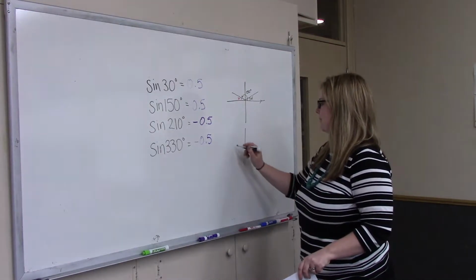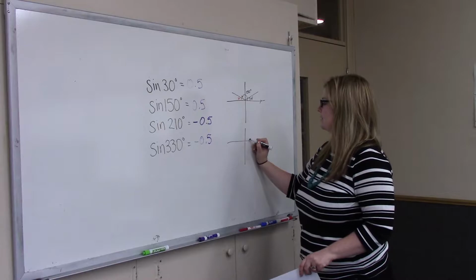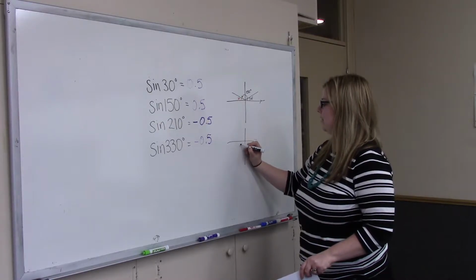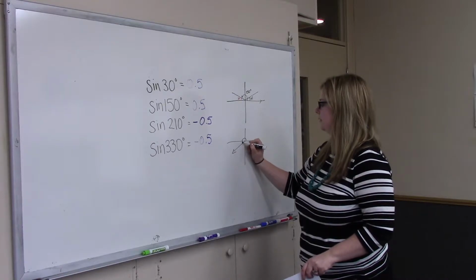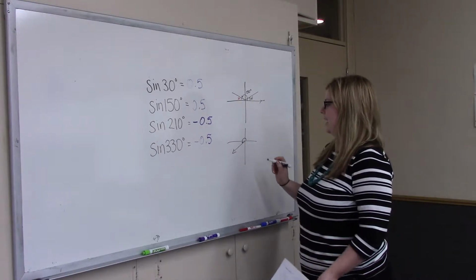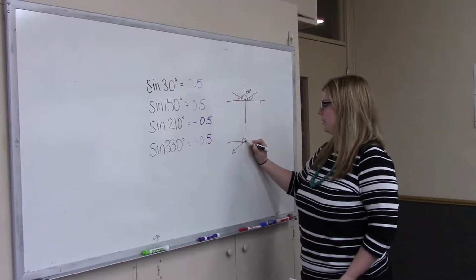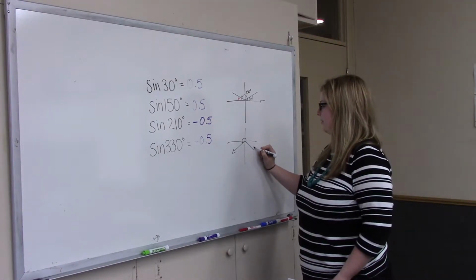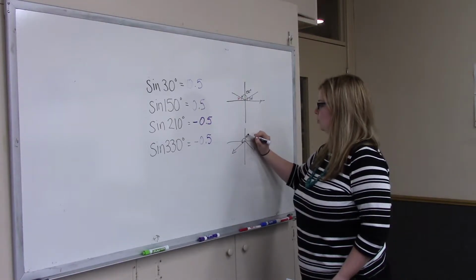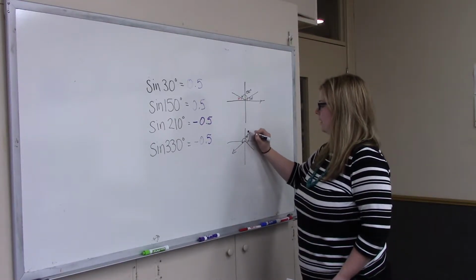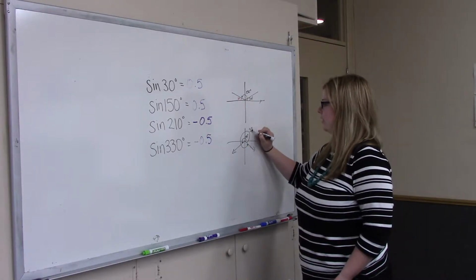I'll draw these separately just so it doesn't get too muddled up here. 210 degrees is going all the way around to 180 and then 30 more, so 210 degrees would be here. And 330 degrees isn't quite a full circle, but it's 30 degrees less than a full 360 degrees. So this was 210, and then this would be 330 degrees.